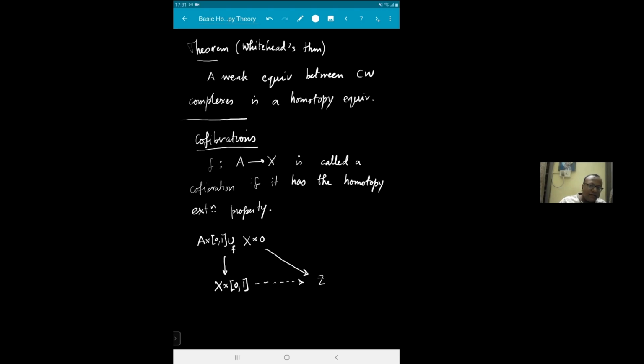So that's the homotopy extension property. If this dotted arrow exists for all the examples, then that's a homotopy extension property. Or equivalently, if it exists in the universal example, that means I should have a retract from X cross [0,1] back to A cross [0,1] union f X cross 0.